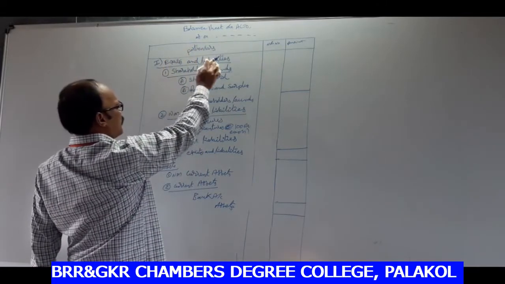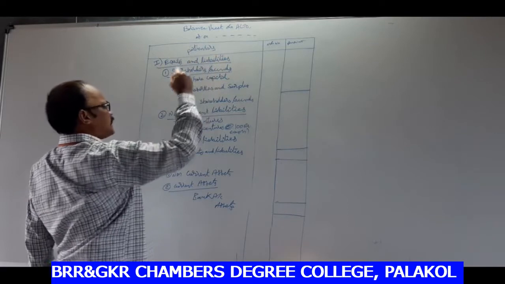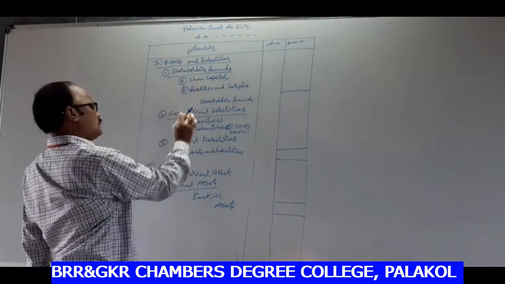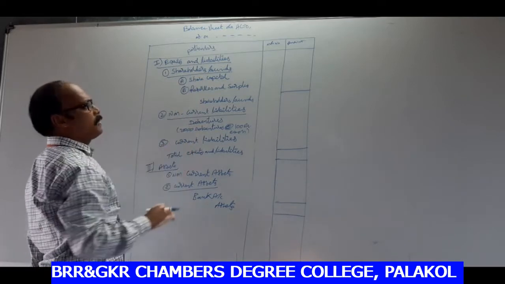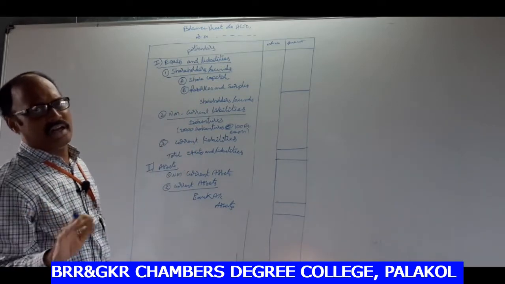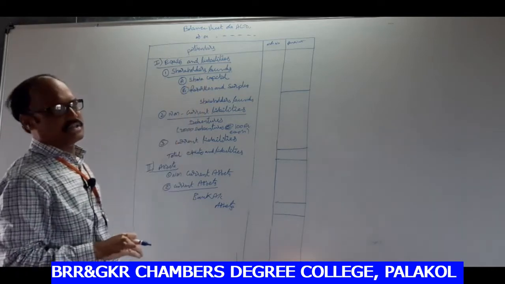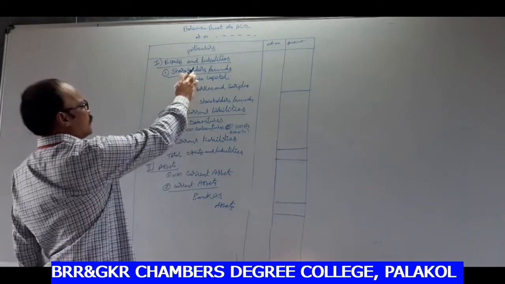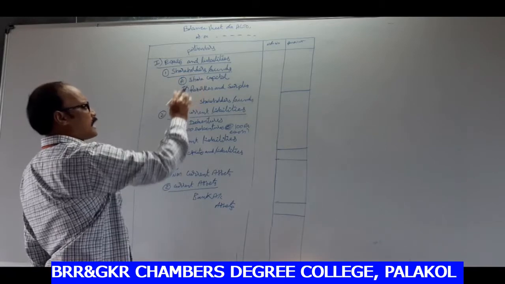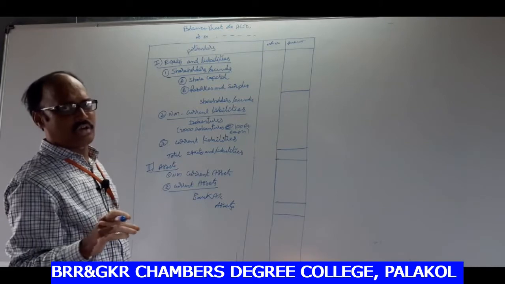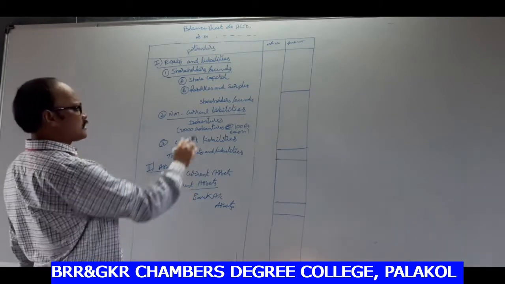Equity and liabilities are categorized in 3 parts: one is shareholders funds, non-current liabilities, current liabilities. Shareholders funds are categorized in 2 parts: one is share capital, second one is reserves and surplus. So shareholders funds is equal to share capital plus reserves and surplus.